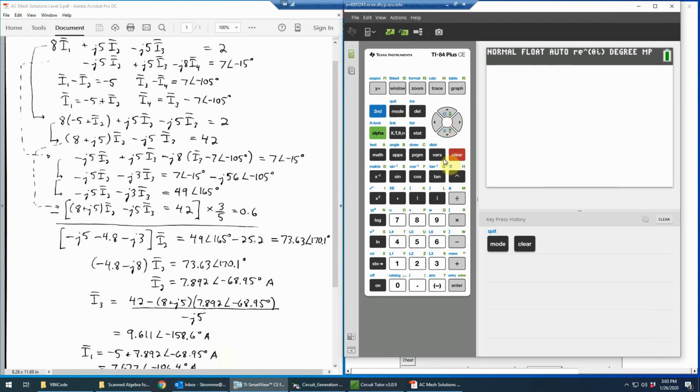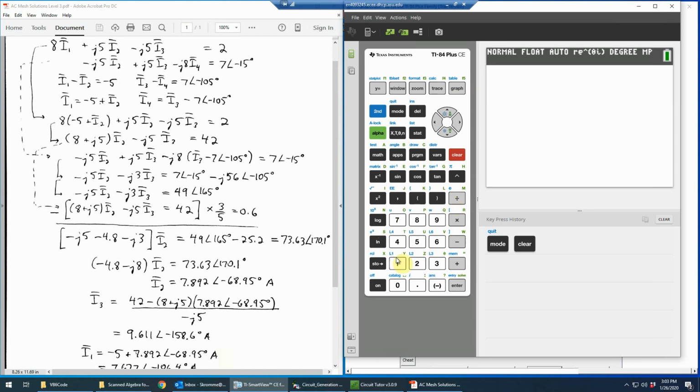Okay, and I've also predefined, as I normally do, this variable e. So I've stored into that little e, like this one here, e to the i pi over 180. And what that does is then if I raise that to the power of an angle in degrees, that will automatically convert the argument into radians.